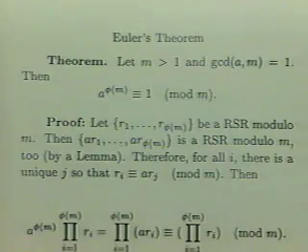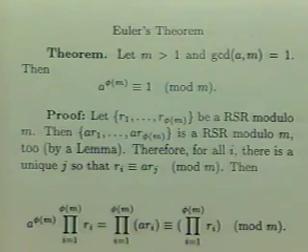So in the case that we are interested in, Euler's theorem says that a to the power p minus 1 is congruent to 1 modulo m. What this means is that if you raise a to the power p minus 1 and you subtract 1, you get a whole number, a multiple of m.